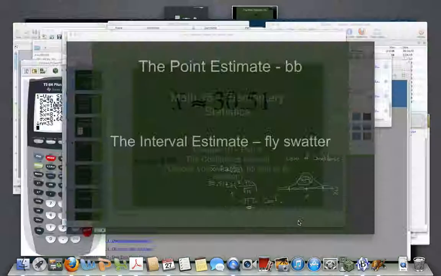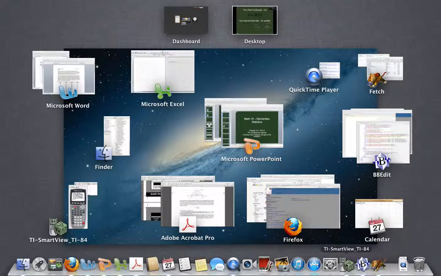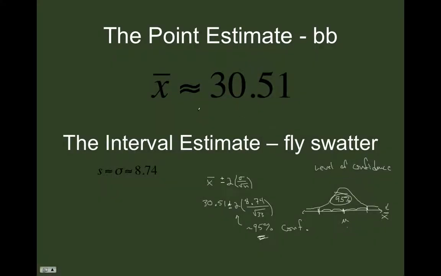So let's go back to the calculator here for a second and actually do this calculation. Something is going wrong with my computer.